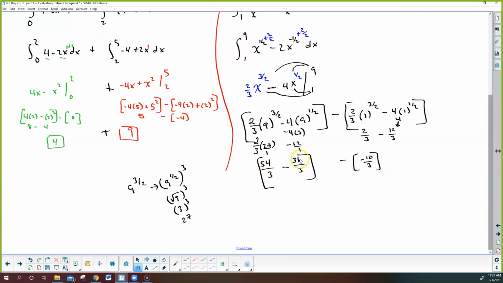And 54 minus 36 is 18, I believe. 54 minus 36, that's 18. Yeah, 18. And then notice subtraction of a negative turns that into a positive 10 thirds. And then 28 over 3.